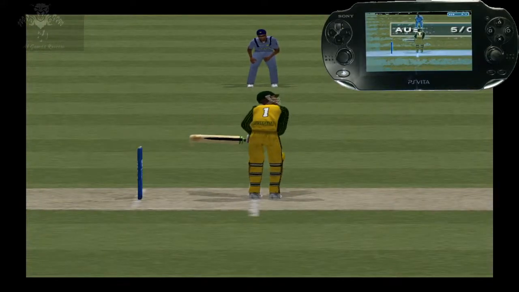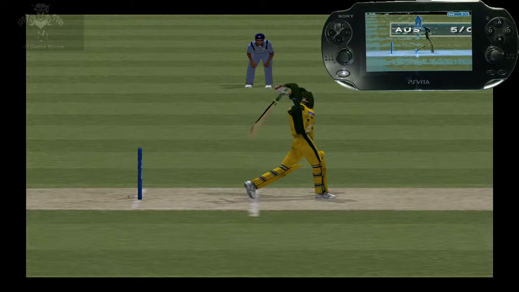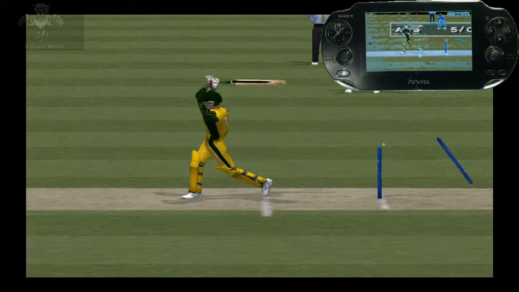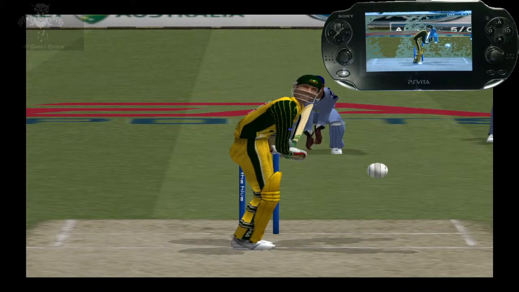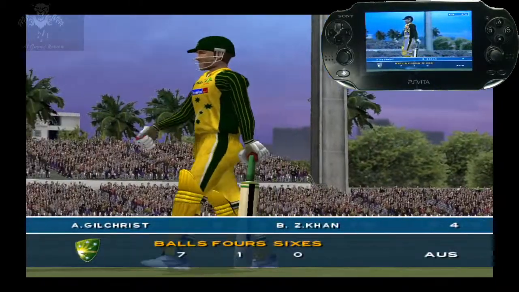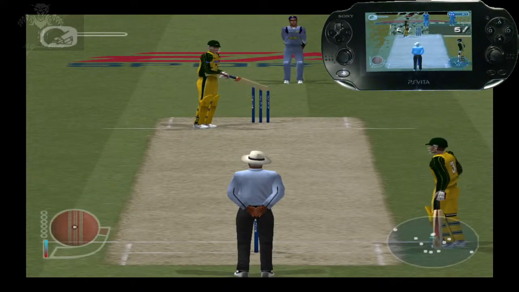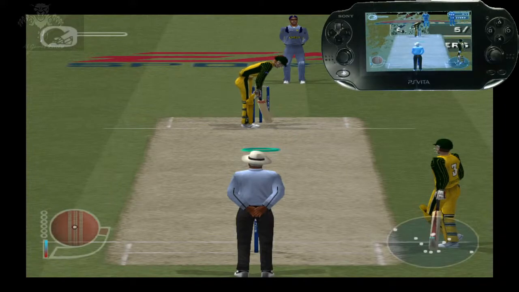Let's take a look at that in slow motion. So then, that's the end of Gilchrist. Well, he didn't get many out there. The one-day fielding restrictions really give attacking batsmen an advantage at the start of the innings.